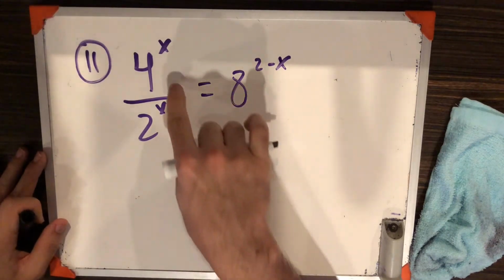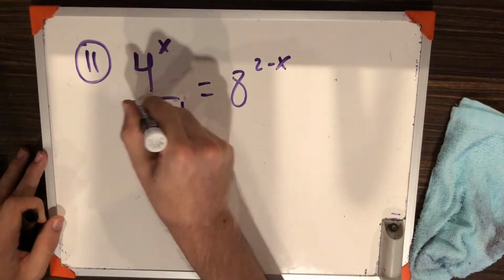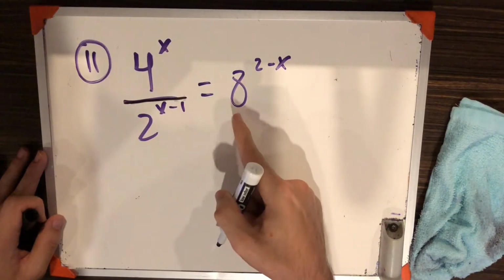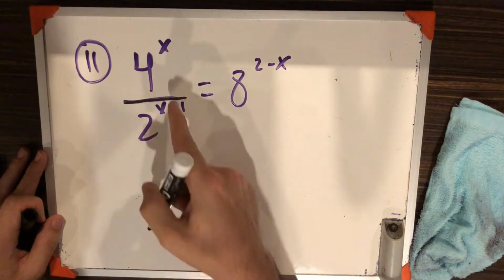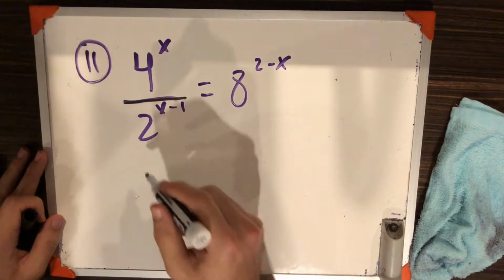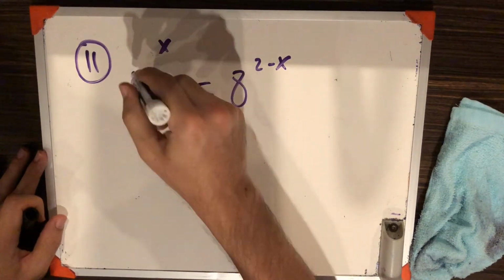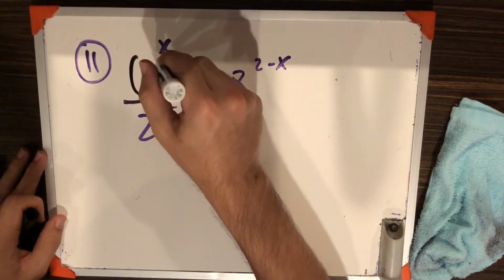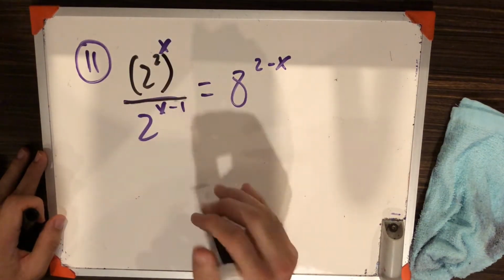Alright, number 11. We have 4 to the x power divided by 2 to the power of x minus 1, with 8 to the 2 minus x power on the other side. Again, we're probably looking for a base of 2 here. So let's change 4 into 2 to the second power. So this is going to turn out to be 2 to the 2x power.